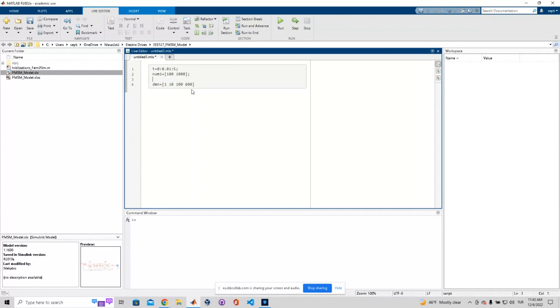Here, let's define our numerator 2. So in a live script format, you can write your code, but you need to add the semicolon. All right. So now, first system, let's say system 1. You can just use tf, transfer function.